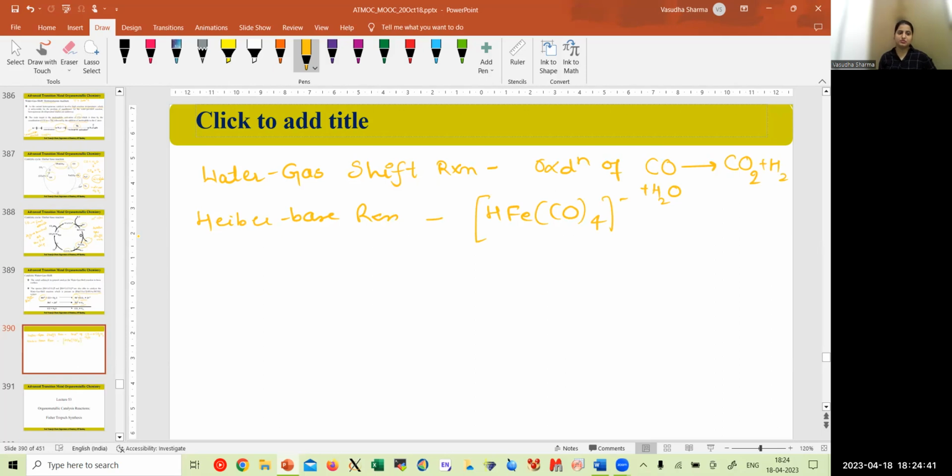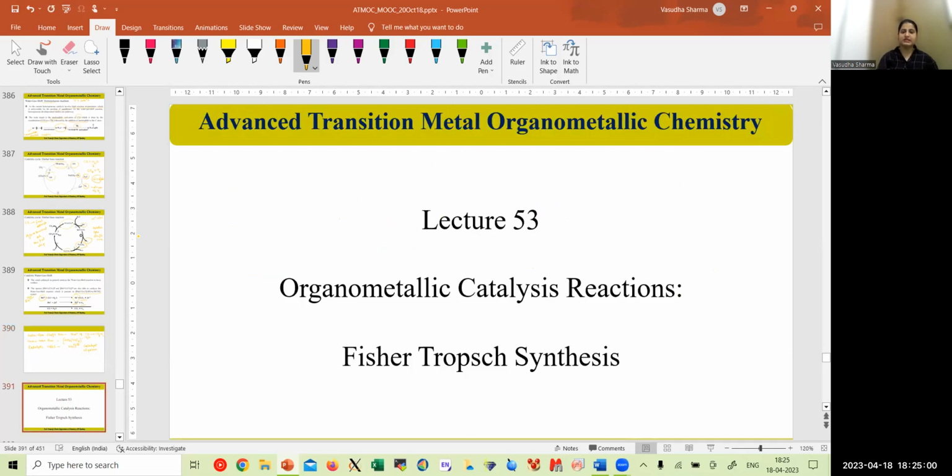And ultimately, we also saw how we can have the catalytic water gas shift reaction using the rhodium 1,3 catalyst system. And the next lecture is now about the Fischer-Tropsch synthesis, which is nothing but your reduction of carbon monoxide.